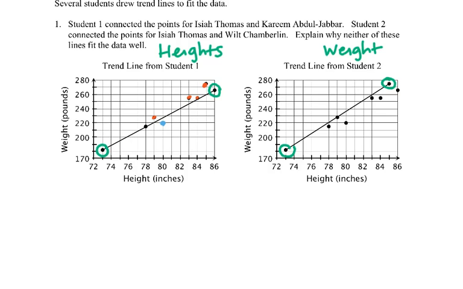Whereas if you come over to the right, when we focused on weight, we had 1, 2, 3, 4, 5 points below, and none of them above. So that also did not evenly represent our data. And this is a common misconception with students where they think that a trend line has to go through like a start and end point, and that is not the case.